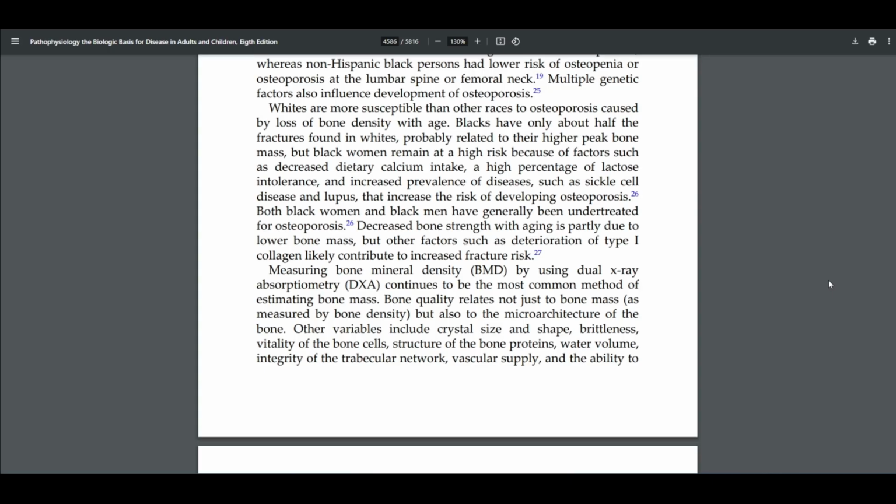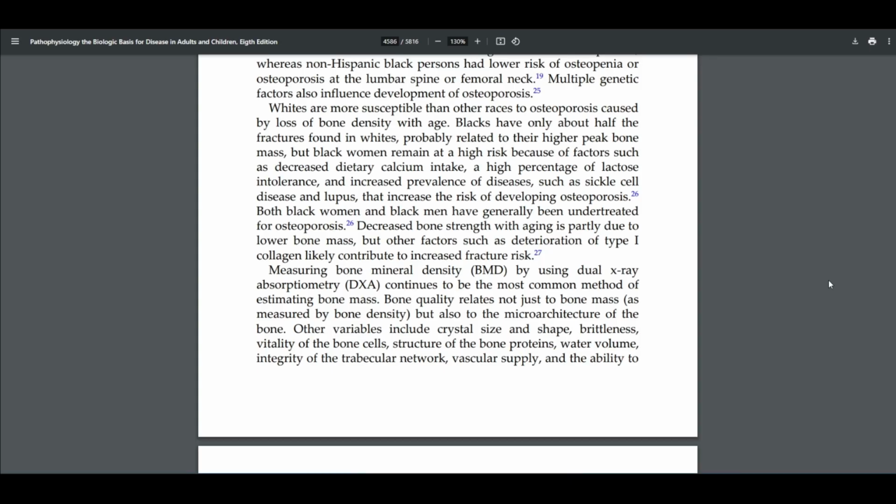Blacks have only about half the fracture rate found in whites, probably related to the higher peak bone mass, but Black women remain at a high risk because of factors such as decreased dietary calcium intake, a high percentage of lactose intolerance, and increased prevalence of diseases, such as sickle cell disease and lupus, that increase the risk of developing osteoporosis.